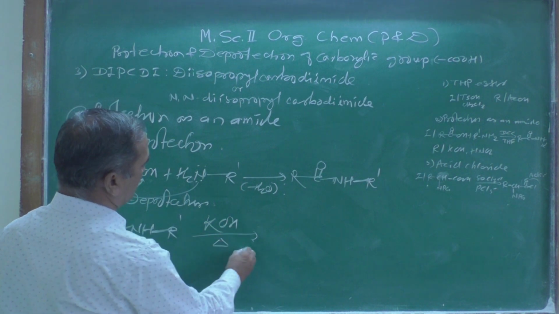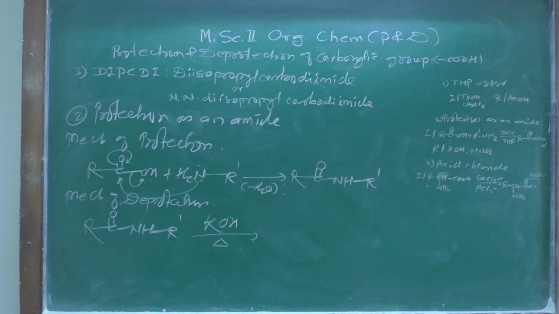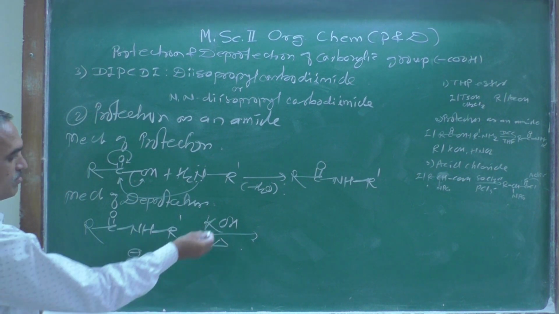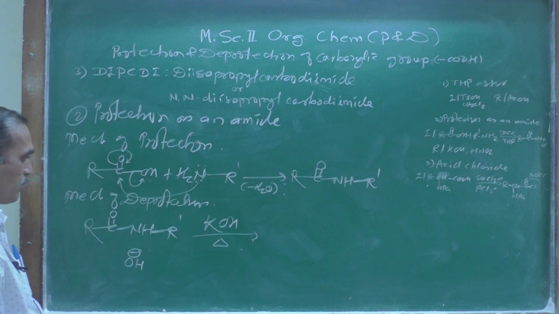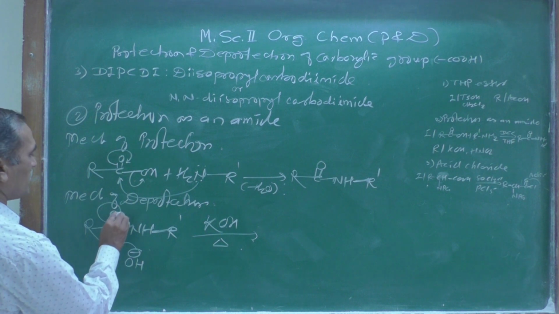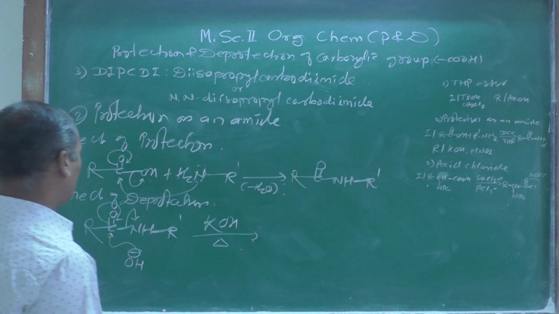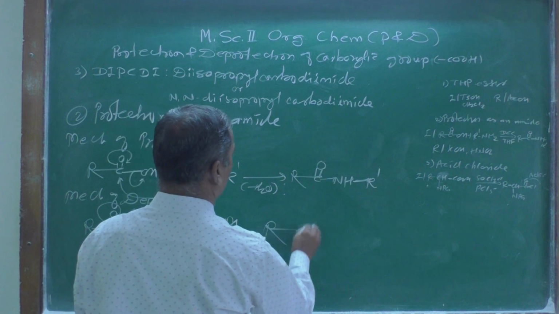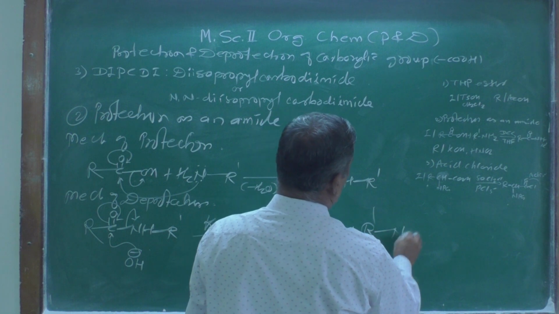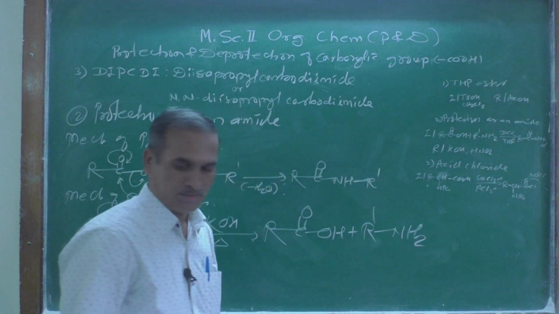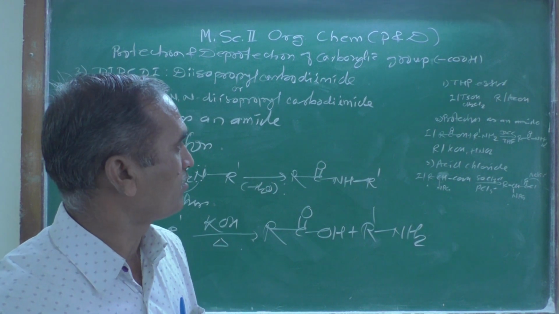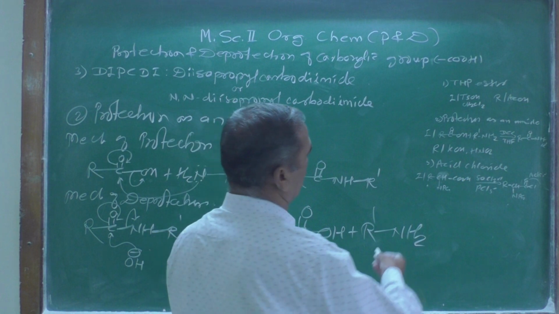It is a very vigorous reaction and heating is required. The OH minus coming from the base, potassium hydroxide, attacks on this carbonyl group, and you get R C double bond O, OH plus R dash NH2. That is the product obtained. So in this way we have seen protection as an amide group.